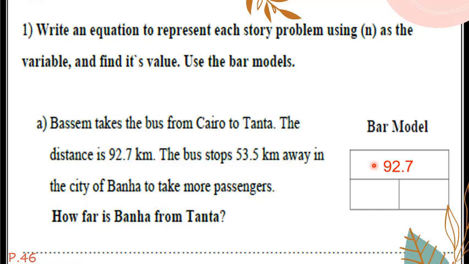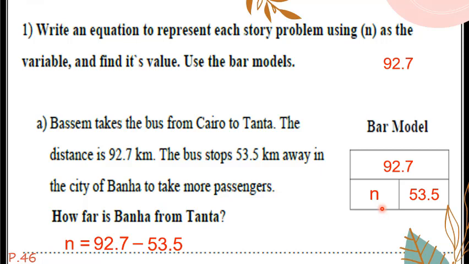And the bus stopped at 53.5. That means this is a part, and I will write the variable n in part 1. How to write the equation? Here, to get n means total minus part 2. So 92.7 minus 53.5. Let me solve it in a draft.